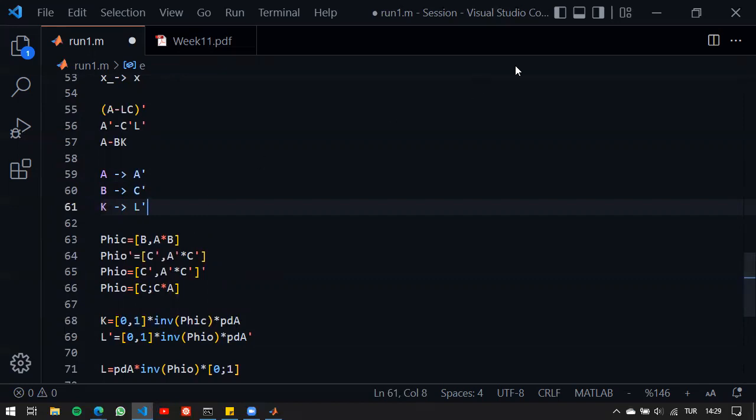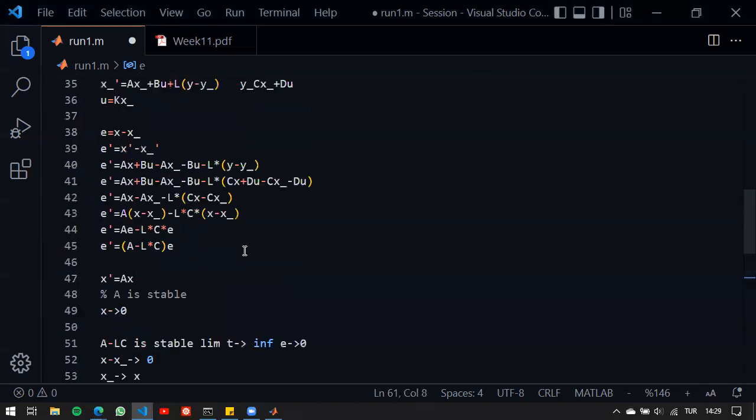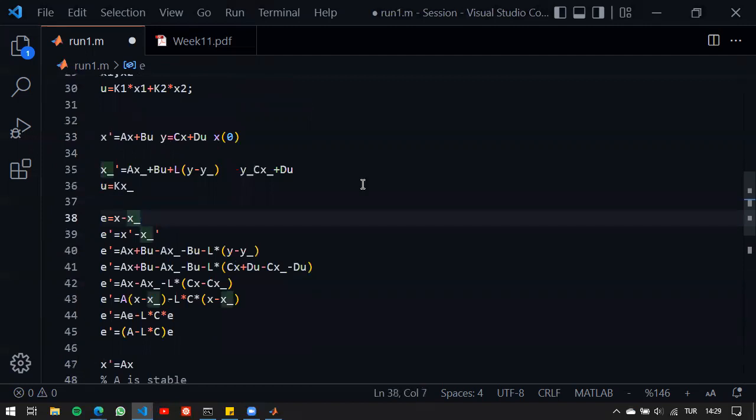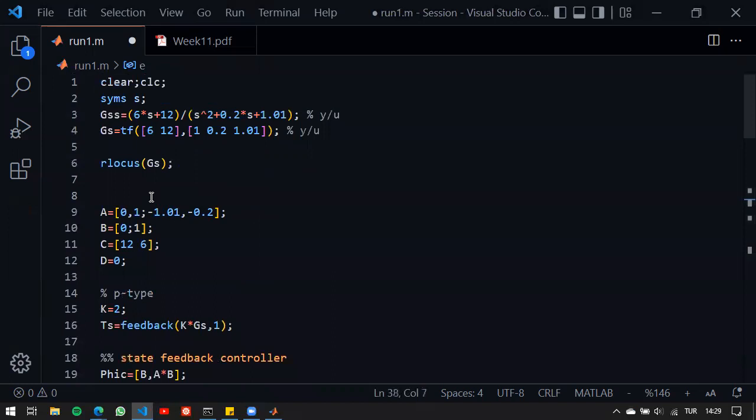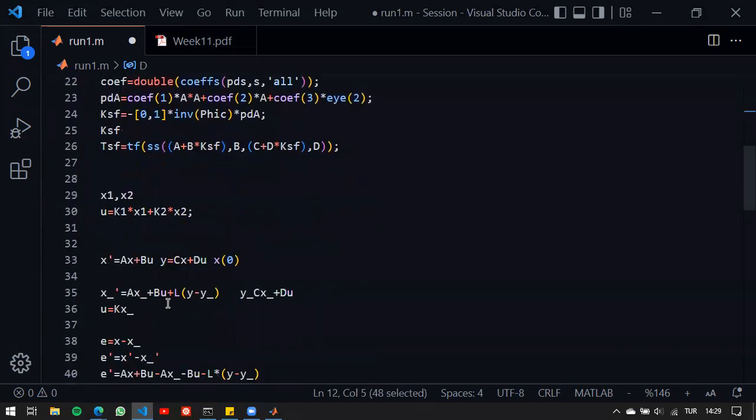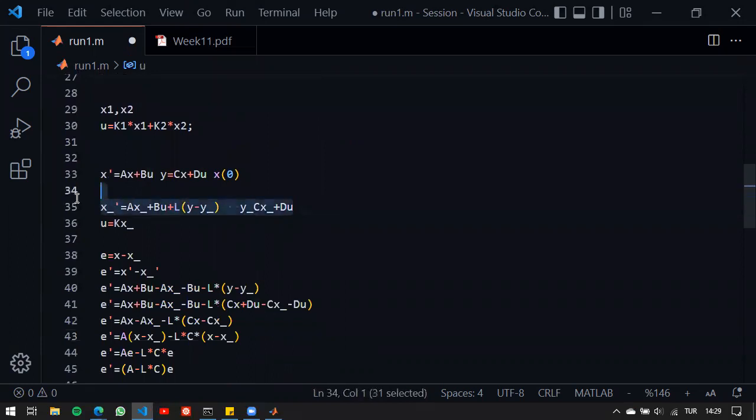And once you've done that, you can just construct these two systems. You can use Simulink, you can drag and drop a certain system. For example, you can drag and drop the transfer function version of this, and then design the observer. Basically, what you need is this, and only this. Once you've designed the observer, you know what L is. Therefore, you can just construct your replica system here.